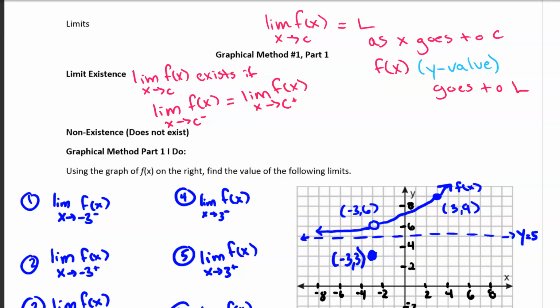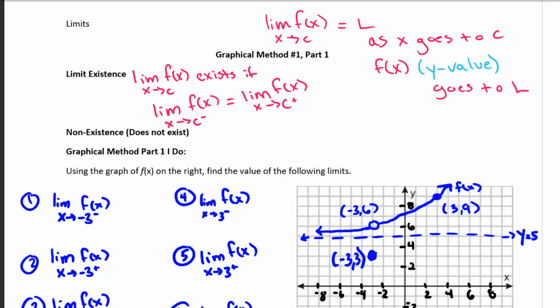So we talked about this a little bit already, but from the left means we're starting to the left of the point, so x is smaller than the c value we're approaching, and from the right means we're starting with larger x values and we're coming in towards that point c.